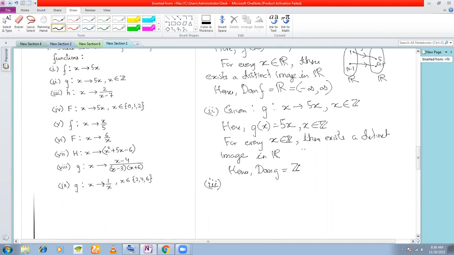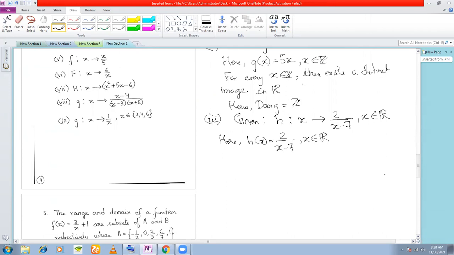Okay. Look at the third one. Given h: x to 2 by x minus 7. Since nothing is given, we'll take x belongs to R. We take the set A as R and B also as R. So here h(x) is equal to 2 by x minus 7, and x belongs to R. So now, does every element in the first set have an image here?